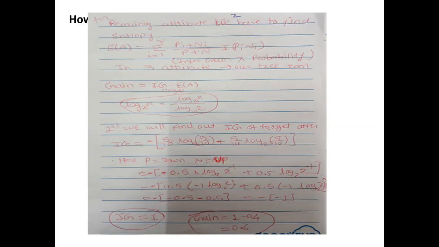So the information gain of these two multiplied by the probability of these two. What are that p and n, we will look at next.